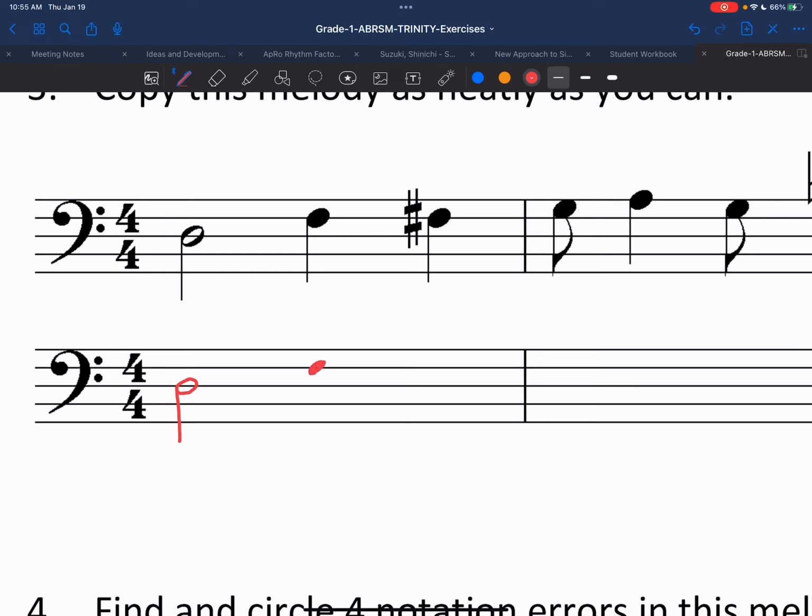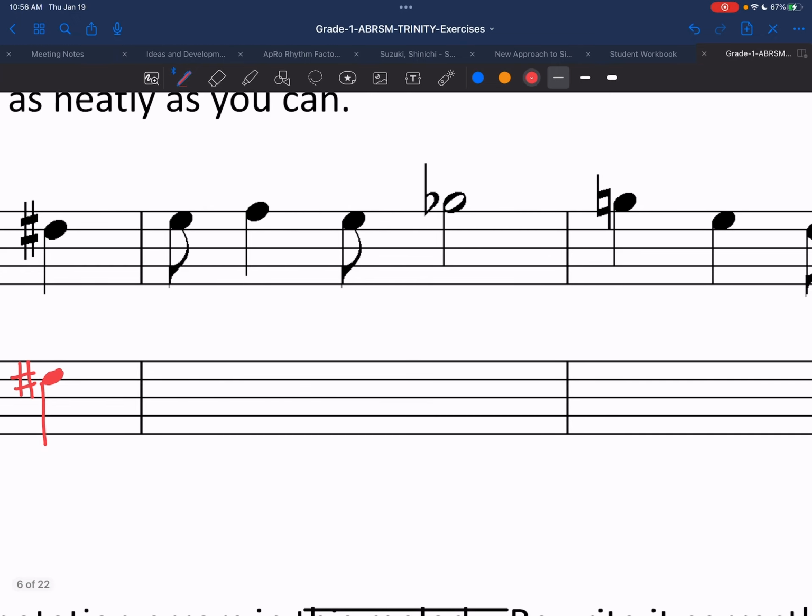Then I would draw my note head first and then draw my stem. Same with, I would draw the note head first here, my stem, and then I would add my sharp sign, making sure that the center of my sharp sign is as close as possible to the middle of that line.